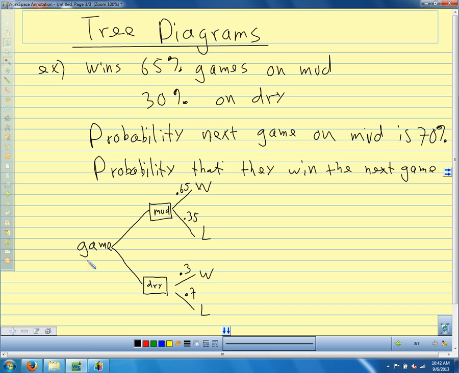So where am I going to put that 70%? Probability that the game is on mud is 70%. And what does that mean, the probability that the next game is on a dry field? 0.3, 30%. Have to add up to 100%.